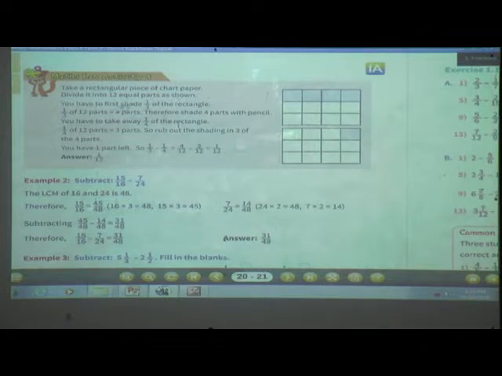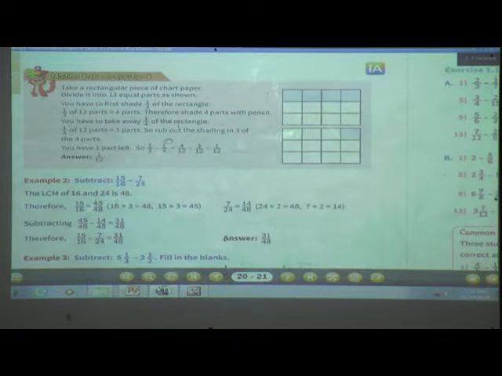You have to first shade 1 by 3 of the rectangle. 1 by 3 of 12 parts means 4 parts. Therefore, shade 4 parts with the pencil. Then you have to take away 1 by 4 of the rectangle. So 1 by 4 of 12 is 3 parts. So rub out the shading in 3 of the 4 parts.